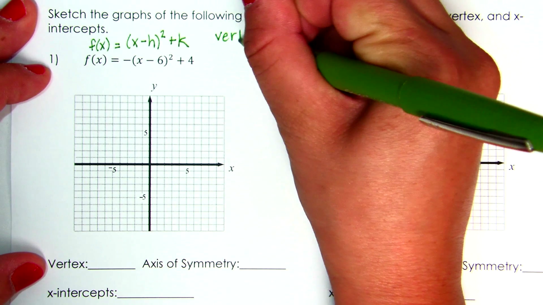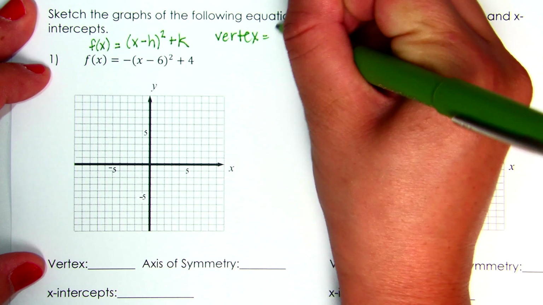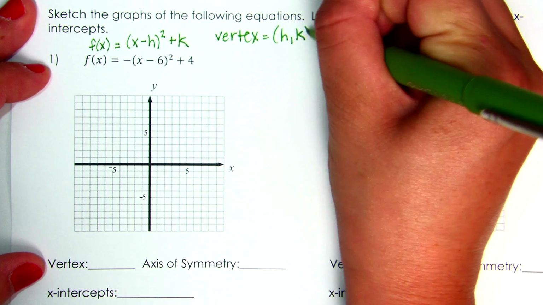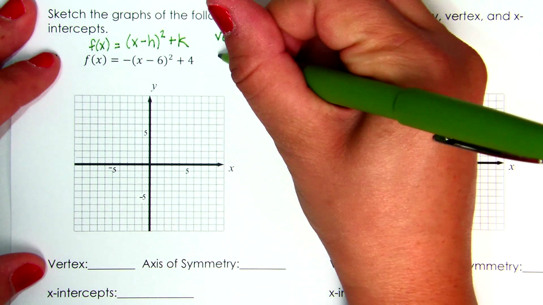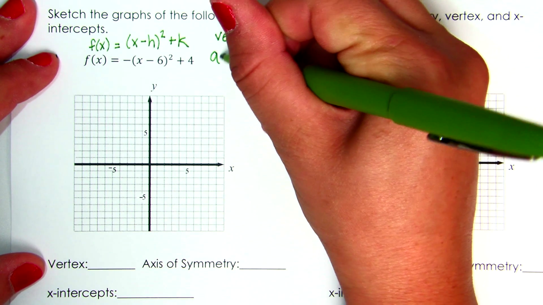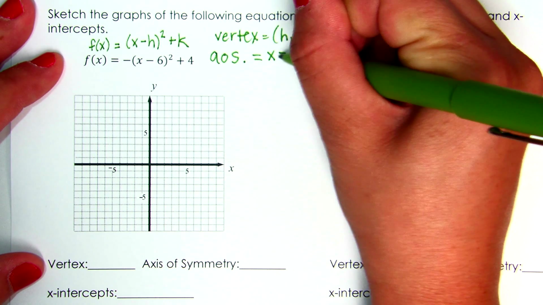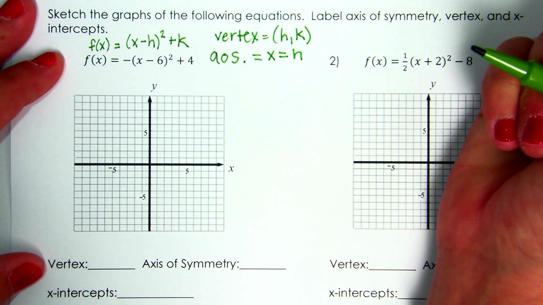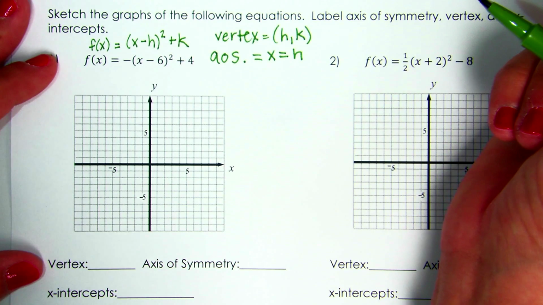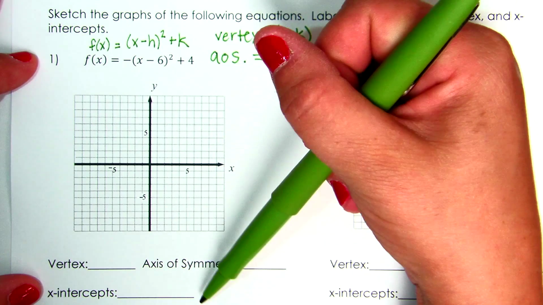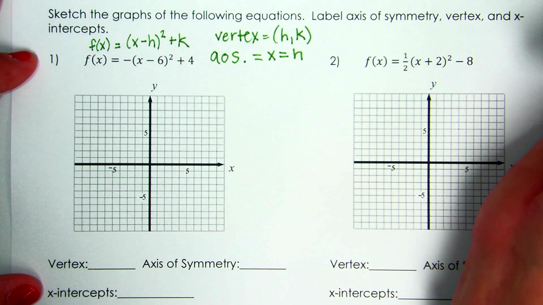The vertex is at (h, k), that point, and the axis of symmetry, we're going to abbreviate here, is at x equals h. Alright, so those are the two of the three that we need, and then x-intercepts we're going to get from the calculator.